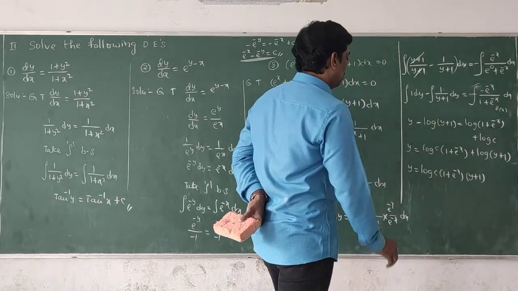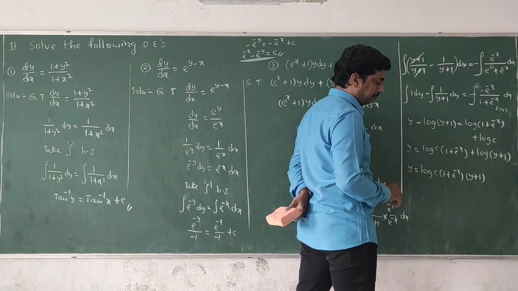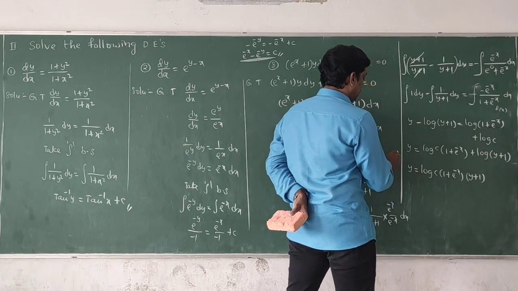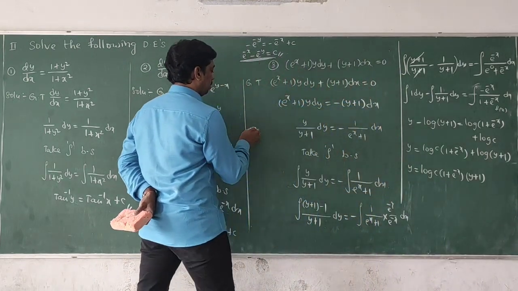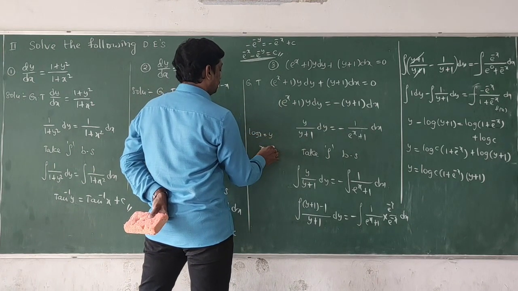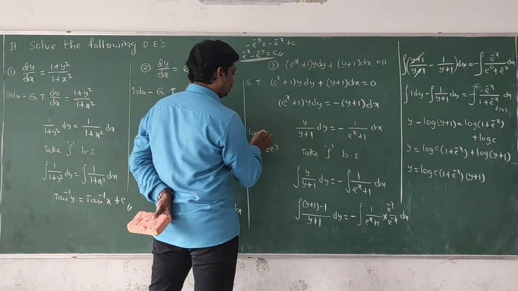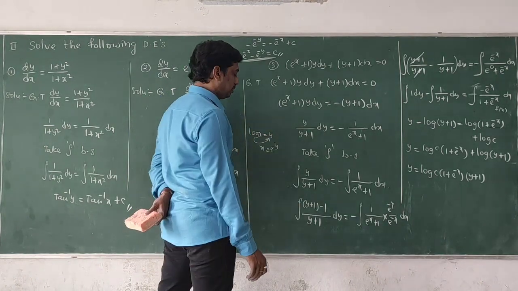Now, in order to write the simplest form of the solution, clearly, log x equal to 1, then x equal to, if you take log to the opposite side, then it becomes e power 1. Clearly we learned this in 10th class only.